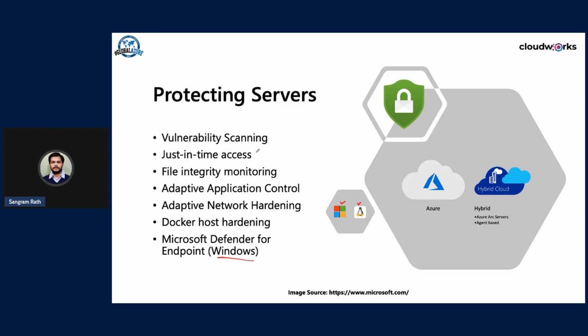Next, you've got file integrity monitoring. Again, all of these are based on security hardening and best practices that we know of. It's just that when you have a lot of resources and they're spread across cloud and hybrid, ensuring that all of them follow this becomes very difficult in terms of tracking, detection and all of that. So file integrity monitoring is all about ensuring that important files do not change. A simple example can be your database configuration file. Let's say you're running MySQL and you don't want the my.cnf file to change.